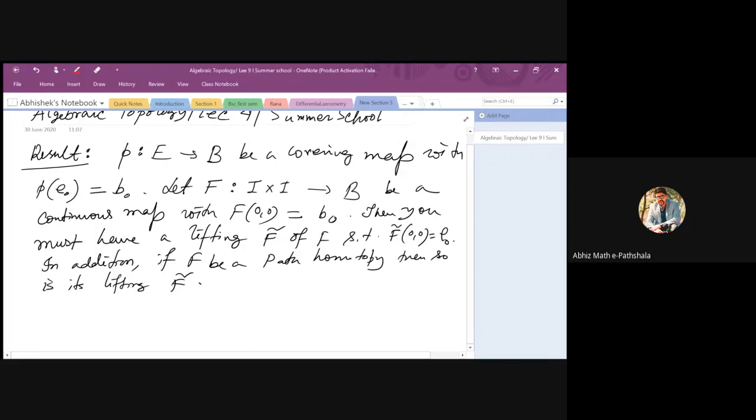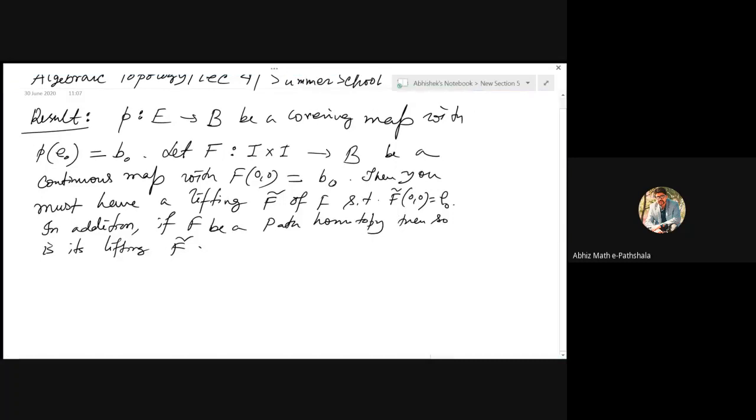P is a covering map with the restriction that at the point e naught its image is b naught. Now if you are given a continuous map f from the unit square to B with the condition that f of 0, 0 is b naught, then you must have a unique lifting f tilde of f satisfying the property that f tilde at 0, 0 must be e naught.